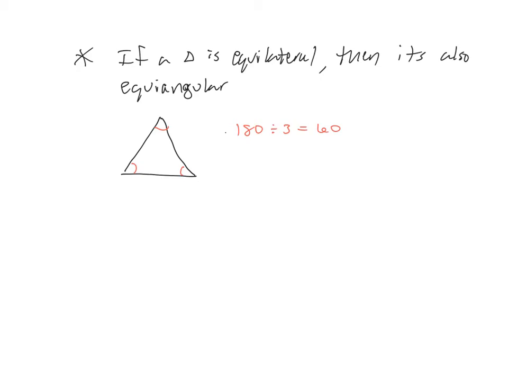So a lot of your problems today are just going to be applying this theorem. Your first 4 problems, let me see, are you doing odd today? No, you're not. Okay, so the first four problems, it's just if these two sides are congruent, then what angles are congruent, and you're doing the base angles. If this angle and this angle are congruent, then this side and this side are congruent.